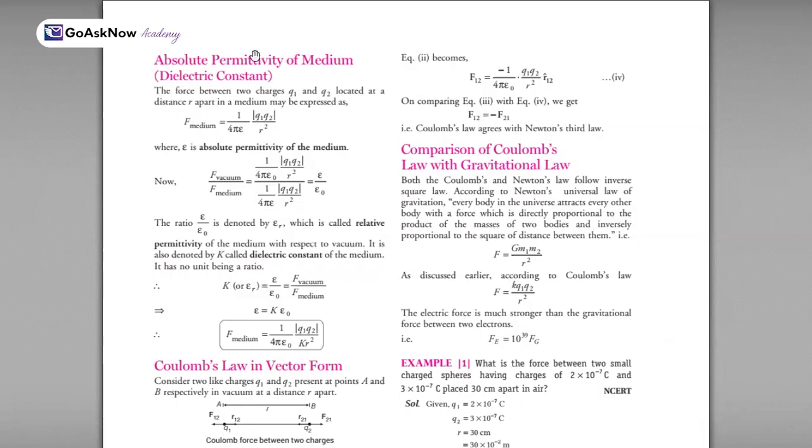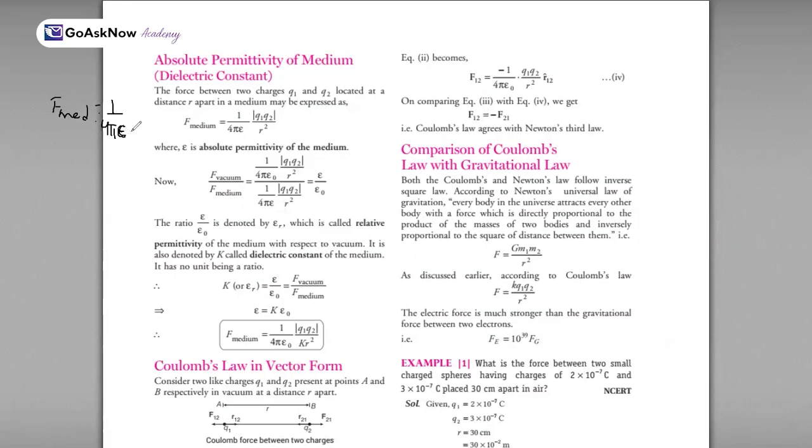Suppose that the force between two charges Q1 Q2 located at a distance r apart in a medium may be expressed. Okay, so if a medium is there, F medium, the force acting is 1 by 4 pi epsilon, not epsilon naught here. Here epsilon is the property of the medium in which you have placed it.